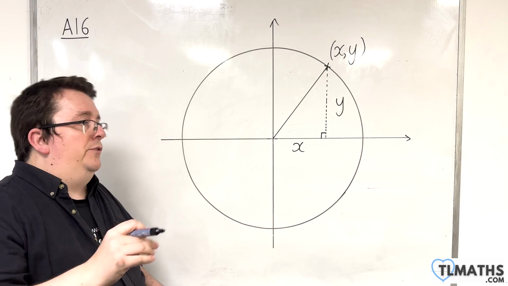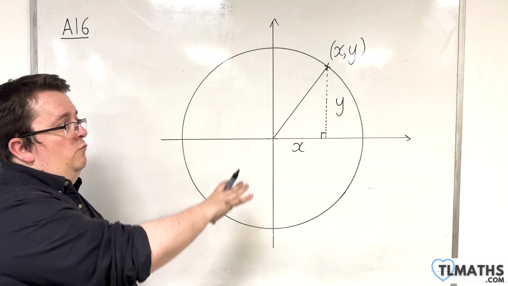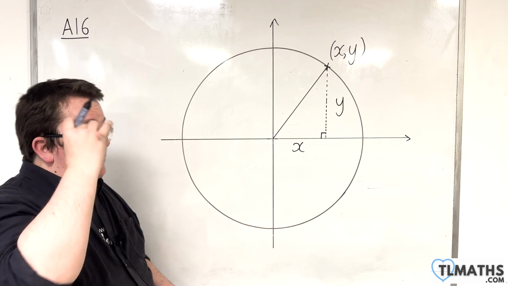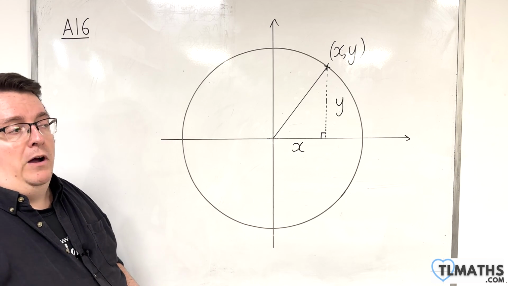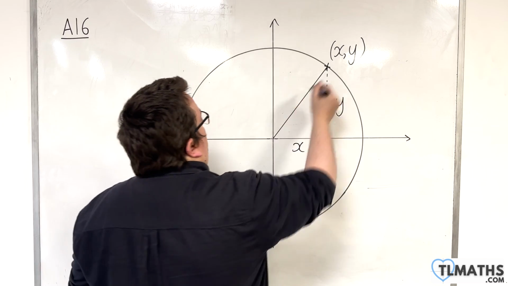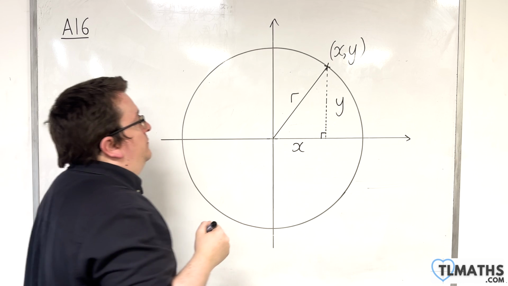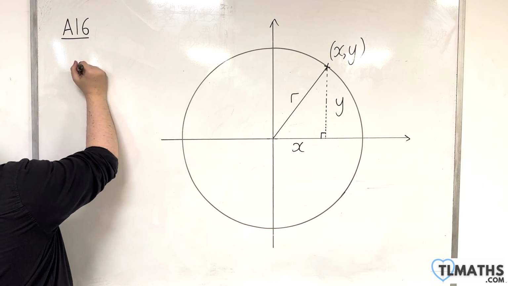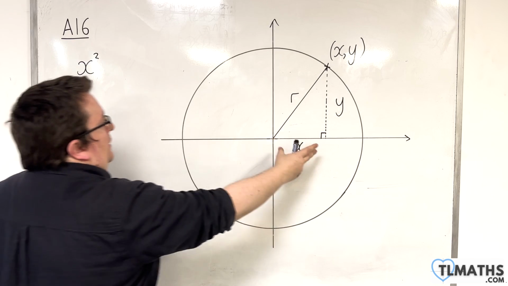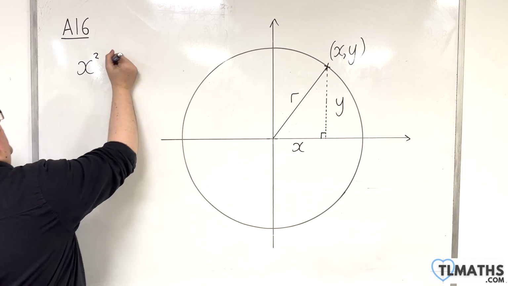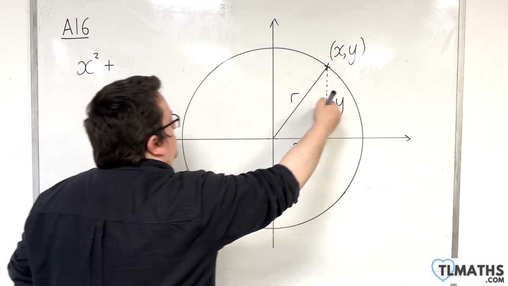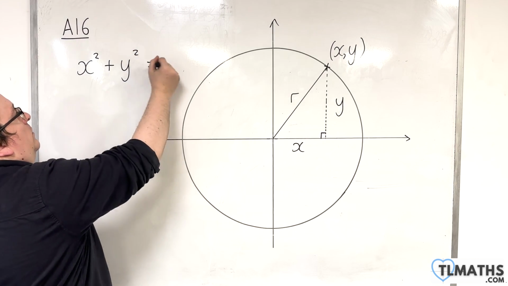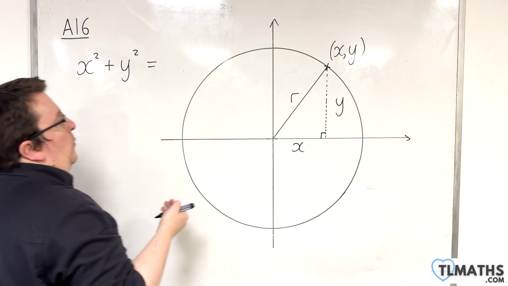Now, the thing about right-angled triangles is that if the triangle is right-angled, then Pythagoras' theorem holds. So if this is the radius, then that means that x squared, that side squared, plus this side squared, y squared, must be equal to the hypotenuse squared.